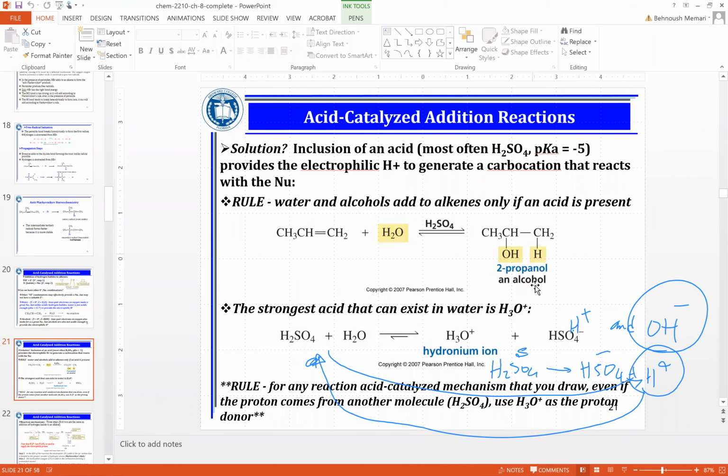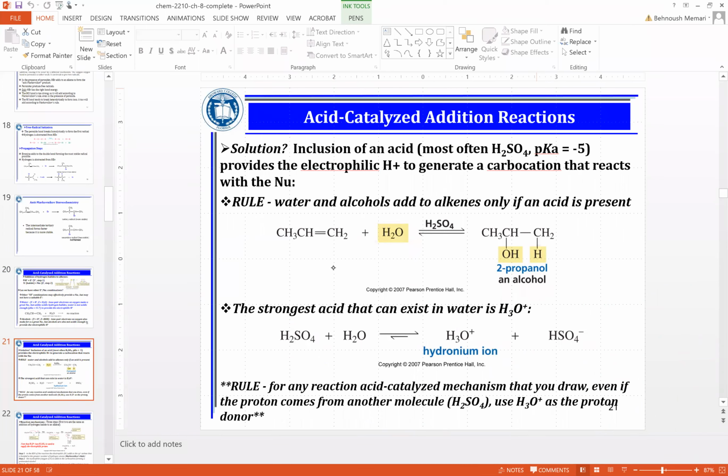So when the alkene is protonated, you have a carbocation. Now, the carbocation is so reactive that it doesn't care whether the water is reactive or not. Even though water is not a very strong nucleophile, it is going to react with the carbocation because the carbocation is very reactive.